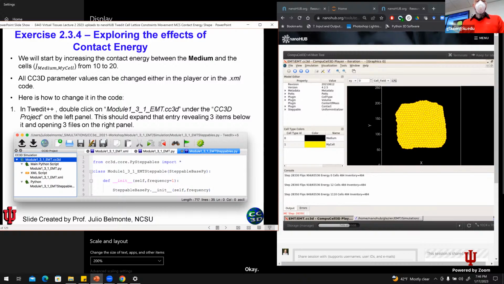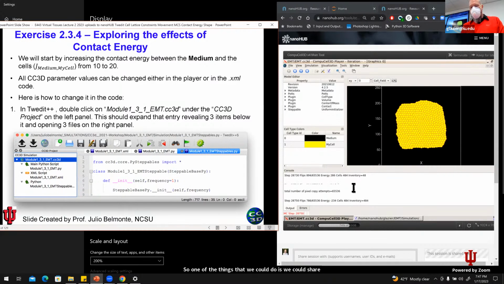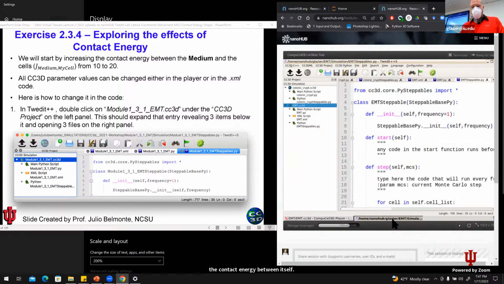So one of the things that we could do is change the contact energy between medium and cells. And we could do that in two ways, and we're going to run out of time in a second here, but I want to show you how to do it anyway. We're going to go to our XML.